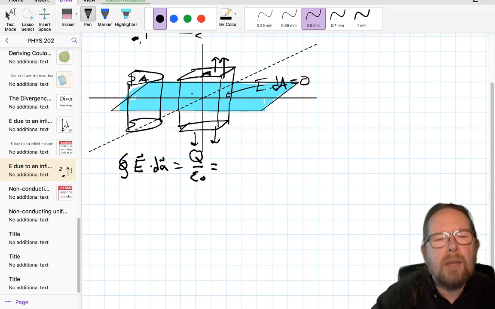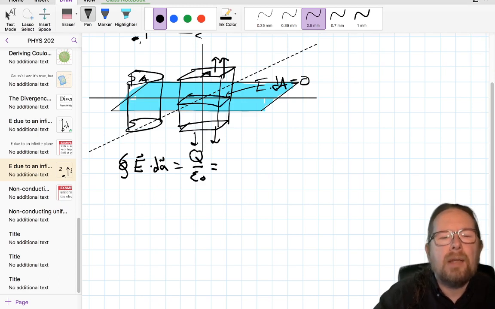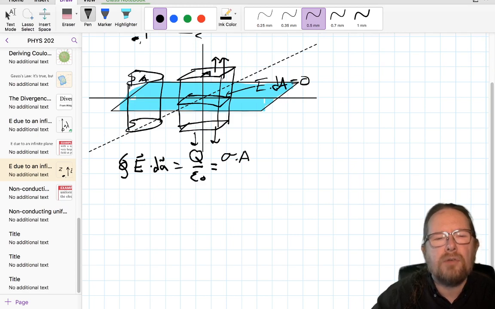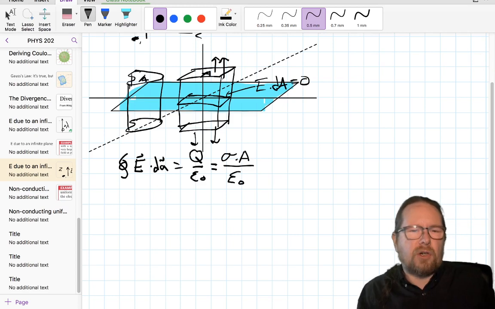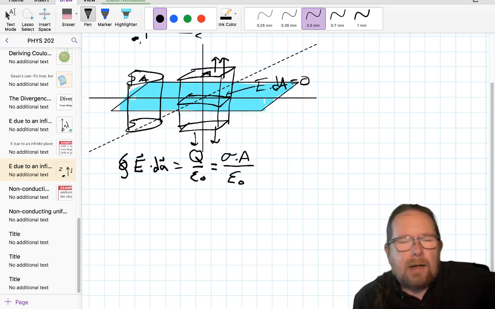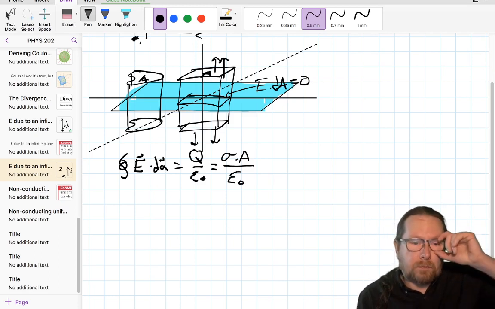Well, it's just the amount of charge that it cuts out of the plane. That's equal to the surface charge density, which your book calls sigma, times the cross-sectional area of our surface, whether it's a box or a crazy shape or a cylinder. So the charge enclosed divided by epsilon 0 is sigma times A over epsilon 0.